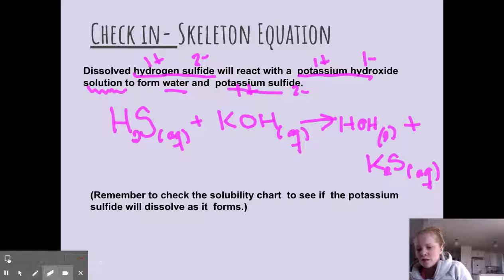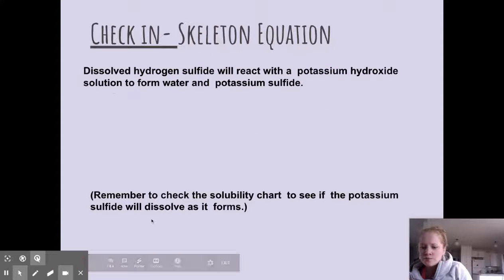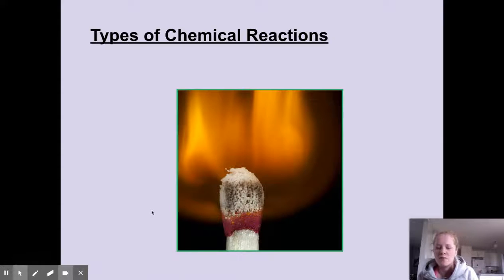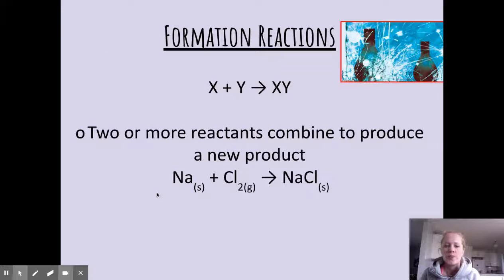Moving on to our new content. Types of chemical reactions. So this would be your title of your notes. I haven't been doing this, but I will post these slides for you in Google Slide version, so if you want to, you can print them out. There are 5 types of chemical reactions that we are going to be looking at, and we're going to break them apart.